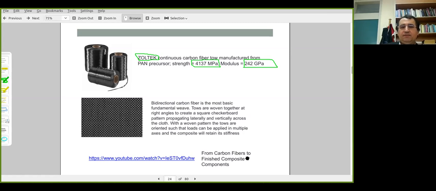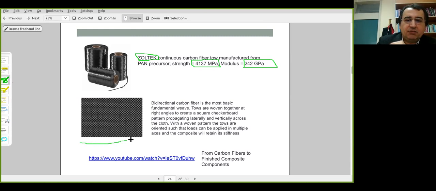Materials with higher strength and modulus values are also available. This is nonwoven form. It is a bundle of carbon fibers, strong material, but it is nonwoven form. But woven fabrics of carbon are also available.